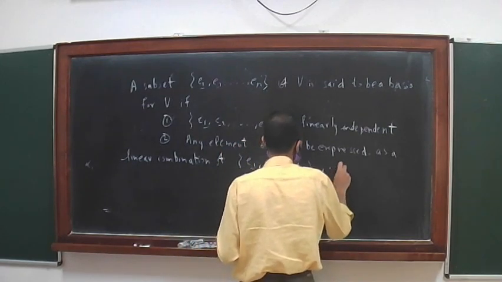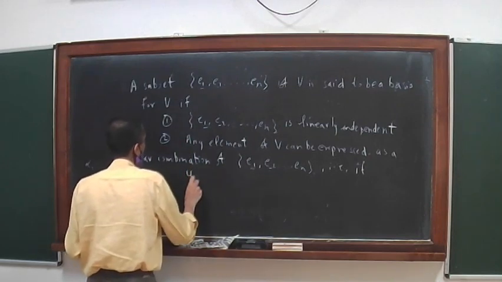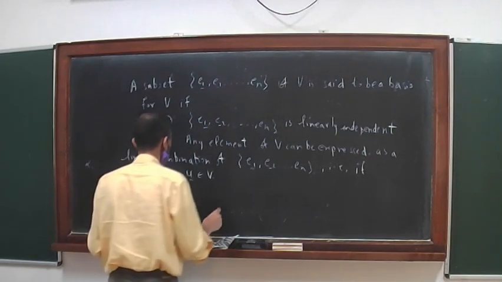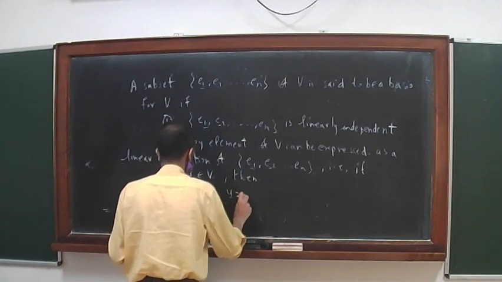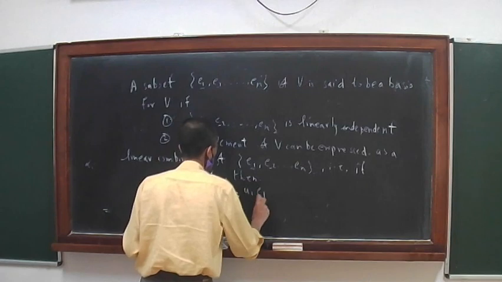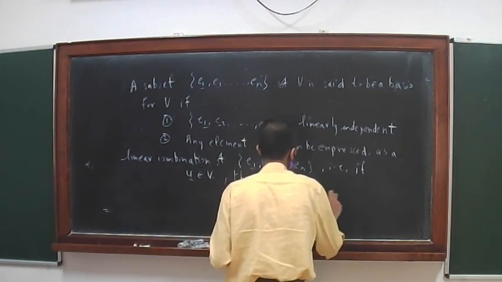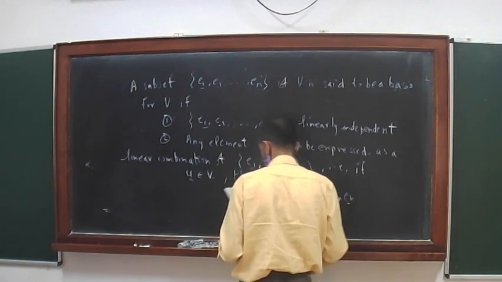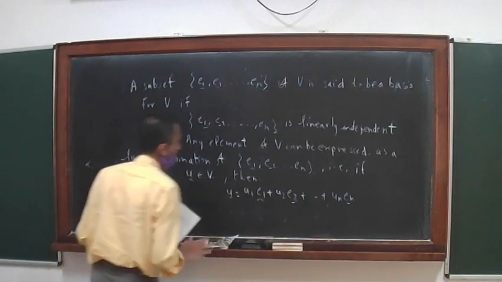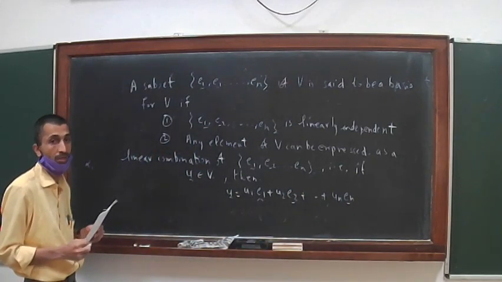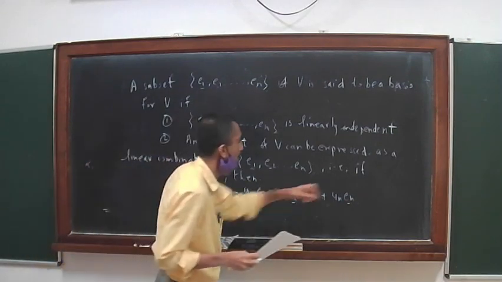That is, if U belongs to V, then U is equal to U1 E1 plus U2 E2 plus ... plus UN En. So these U1, U2, up to UN are known as the components of U with respect to the basis E1, E2 up to En.